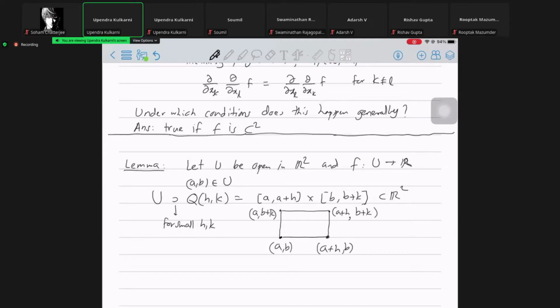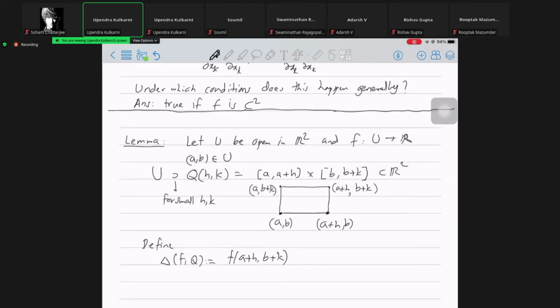So I can evaluate the function. So I define, we are still in the "let" phase. We still have not made the statement of the theorem. So we define, now what's the notation, delta F. This is the standard kind of thing that you will see.